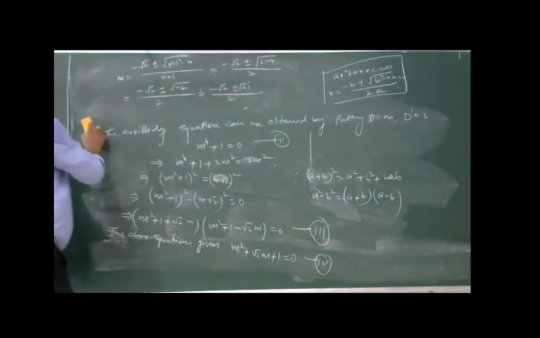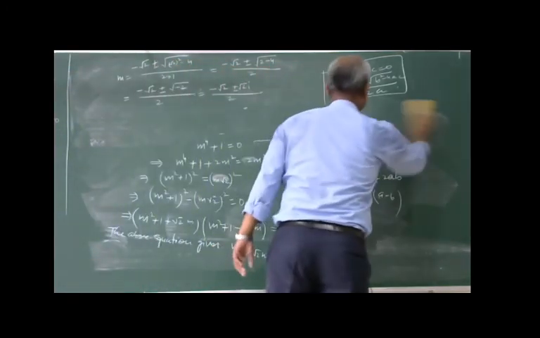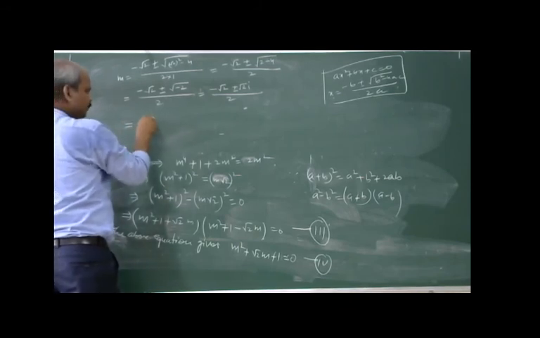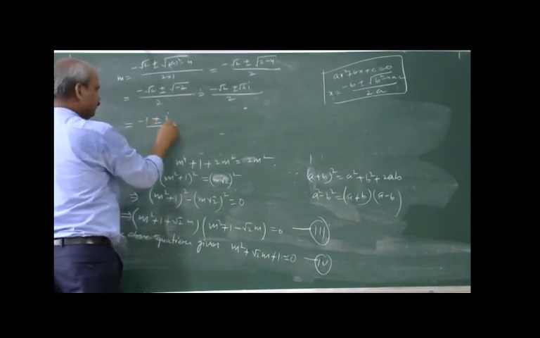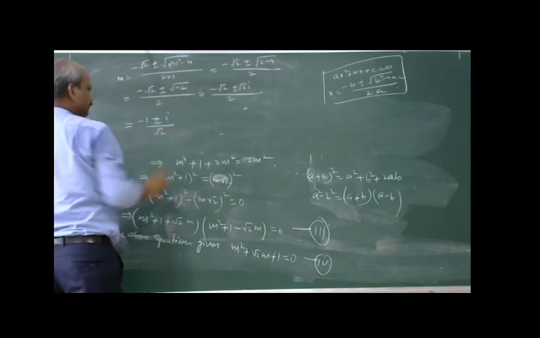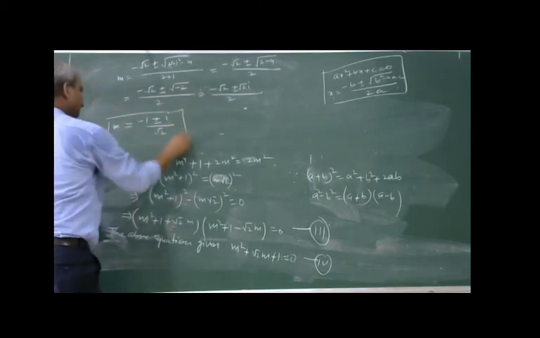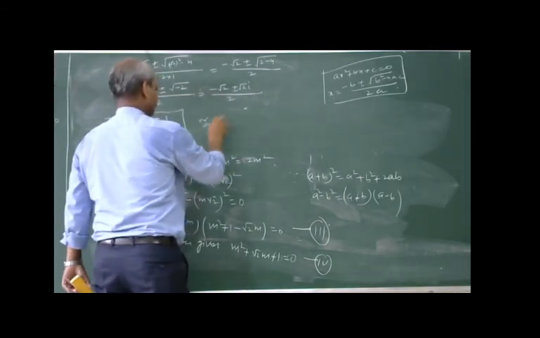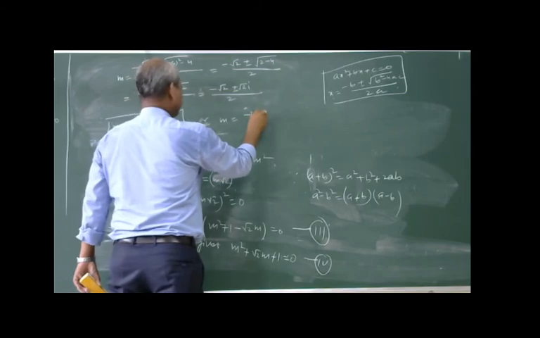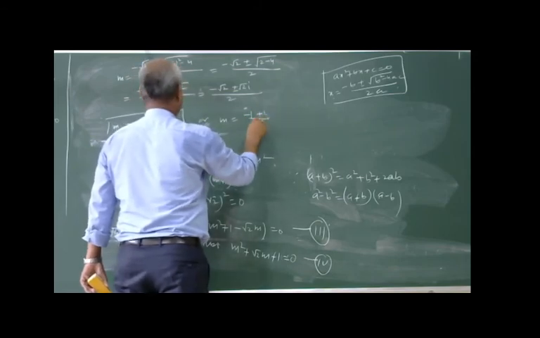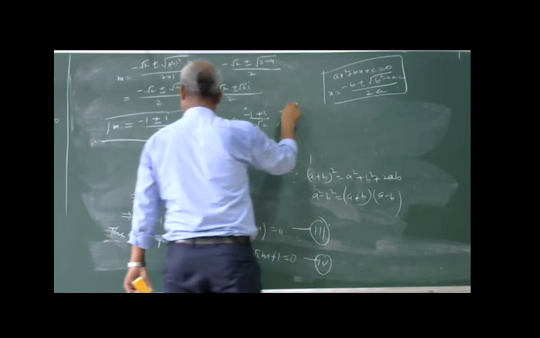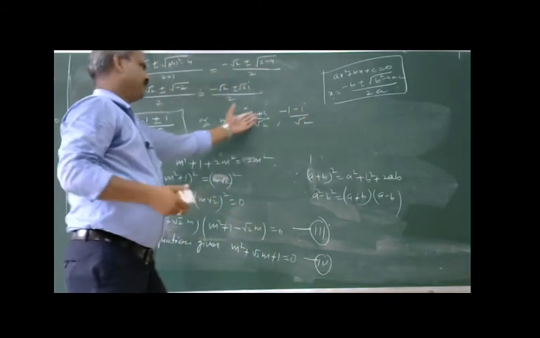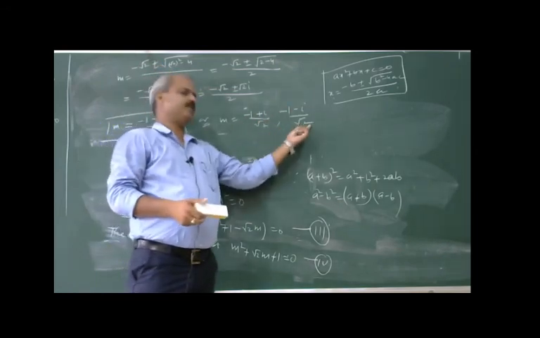So now this gives (−1 ± i) / √2. So there are two solutions. One of them is (−1 + i) / √2, and the second is (−1 − i) / √2.